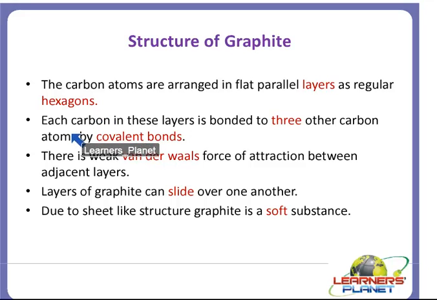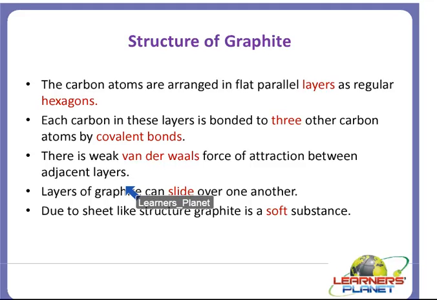Okay. Now each carbon in these layers is bonded to three other carbon atoms by covalent bonds. Now remember children, in diamond, each carbon was bonded to how many carbon atoms? 4. But in graphite, each carbon is bonded to how many carbon atoms? 3.